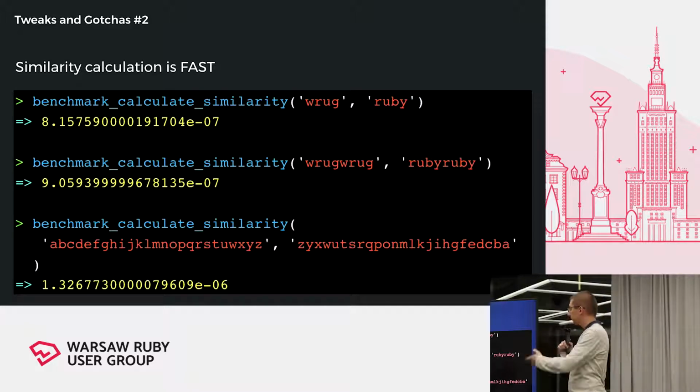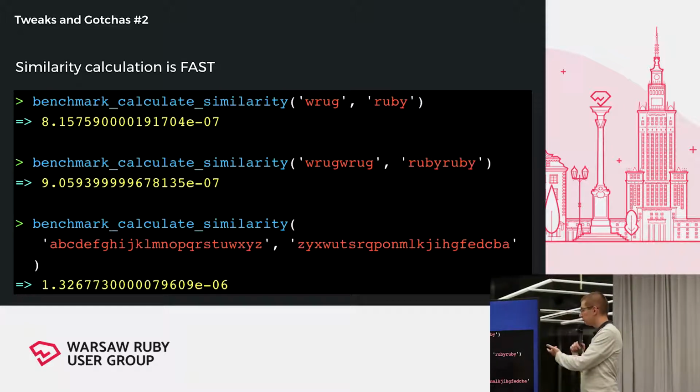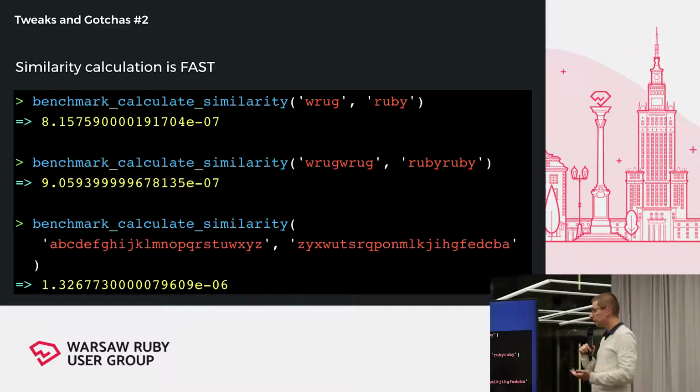If we extend the phrase, make it a bit longer, the execution time, of course, increases. However, it takes the entire alphabet compared to an alphabet in reverse to get to the execution time of 1 millionth of a second. So in general, it's quite fast. That's why it can perform checks for text of several thousand words in under a second.